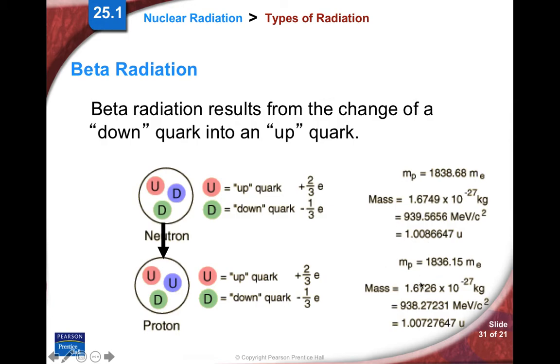They're very slightly different in mass, 1.6749 and 1.6726 times 10 to the minus 27. Neutrons are neutral and protons are positive.